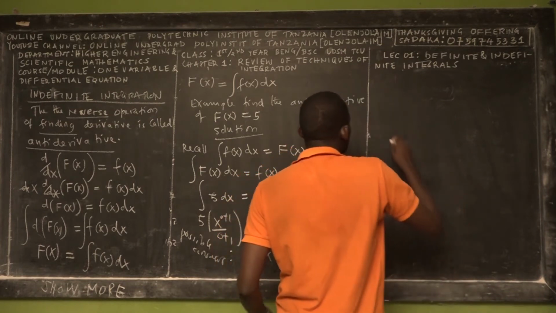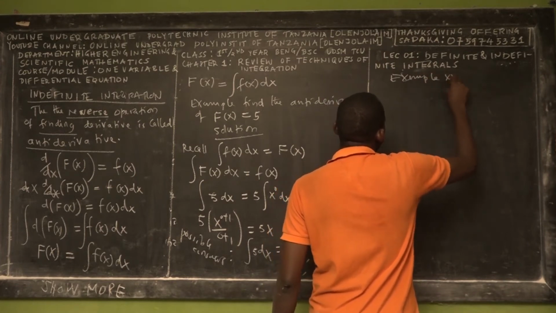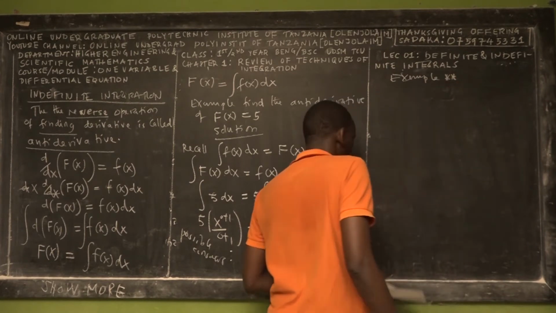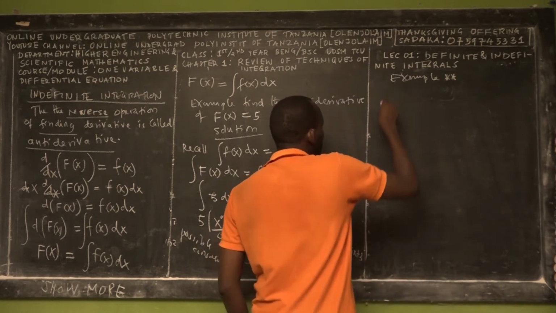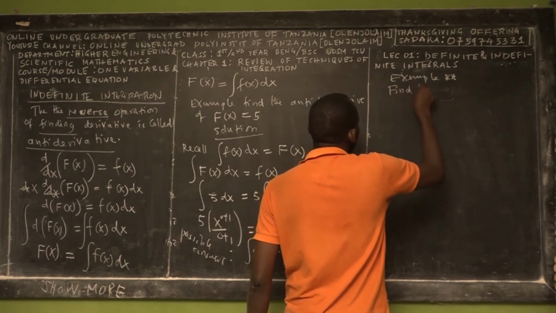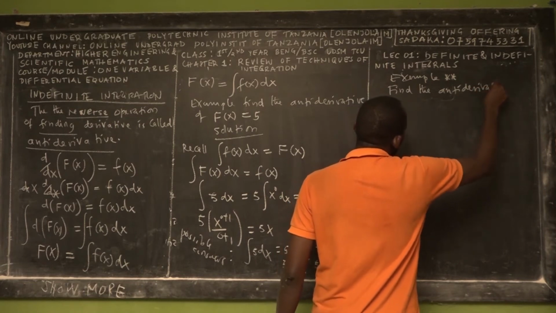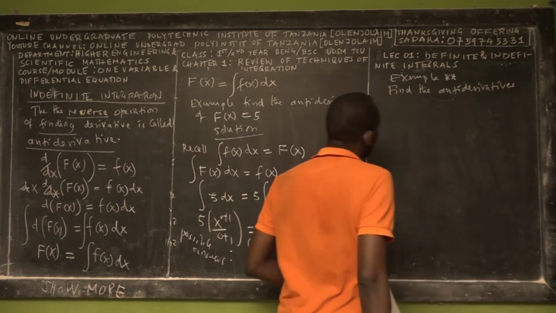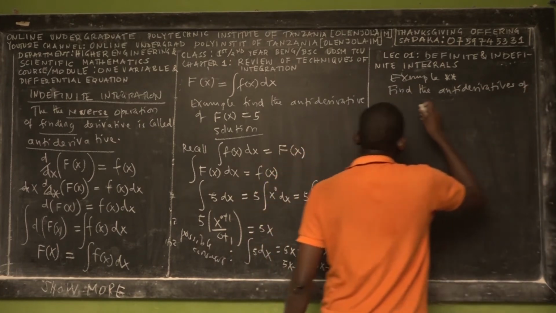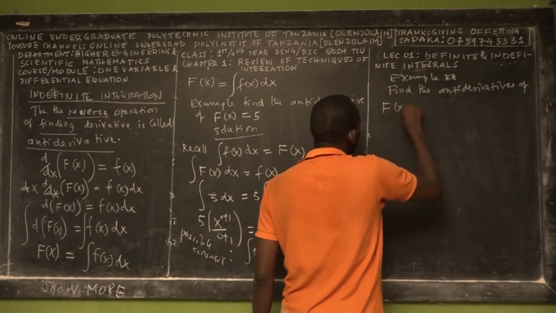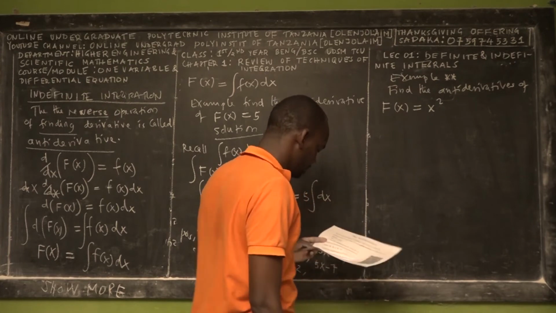Another example: find the antiderivative of f of x is equal to x squared. Find antiderivatives of f of x is equal to x squared.